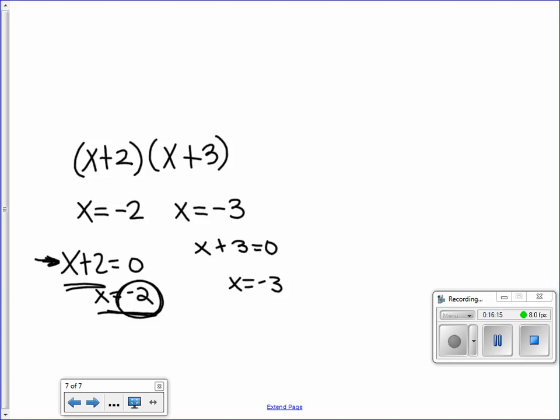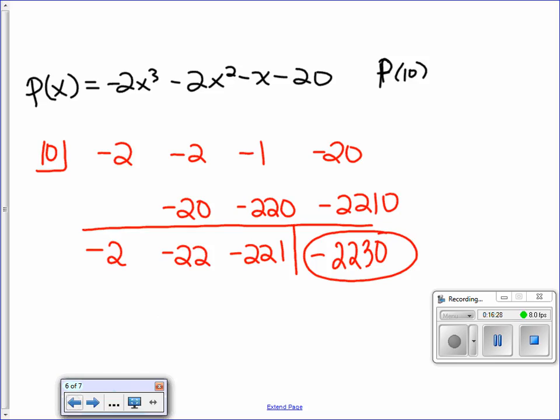So if it gives it to you as x plus 2, x plus 3, x minus 7, whatever, you have to change the sign, because that's the factor, but the number you're working with is always the opposite sign. But here, see the difference? They gave you the number. There's no factor. There's no x minus 10 or x plus 10. There's no x.